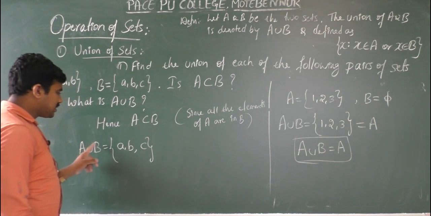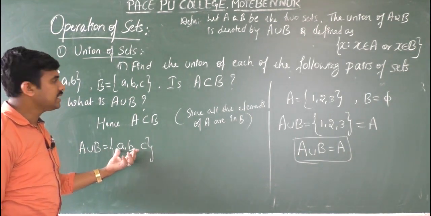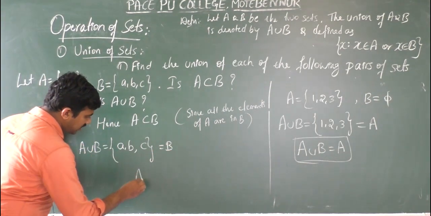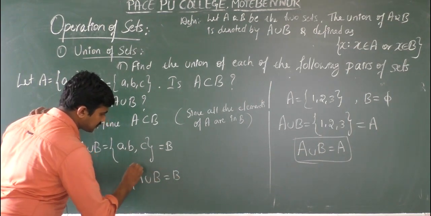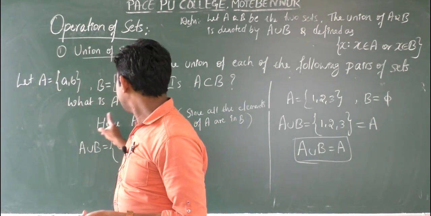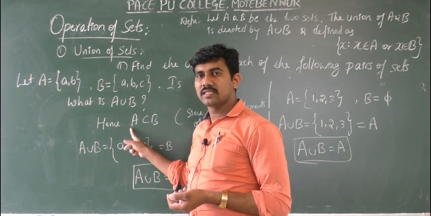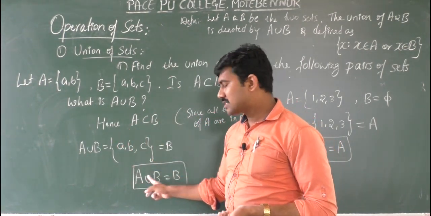So A union B is equal to the set of all a, b, c, and that is nothing but set B. So we got A union B is equal to B. A is a subset of B means B is the biggest set. A is a subset of B, B is a superset of A. In that case, A union B is equal to B.